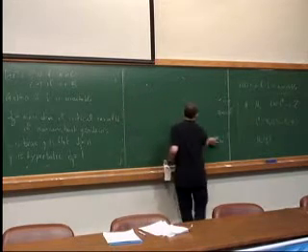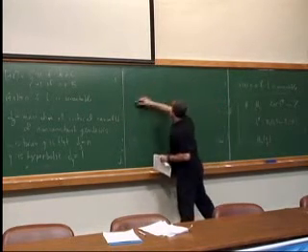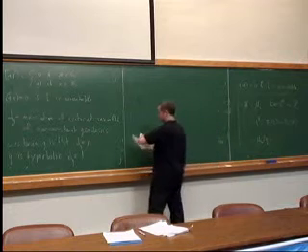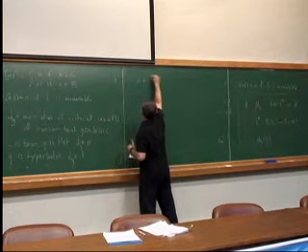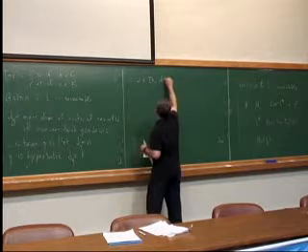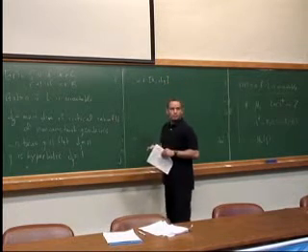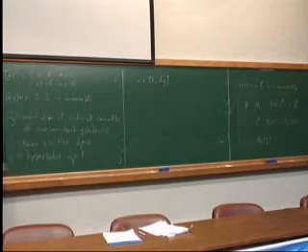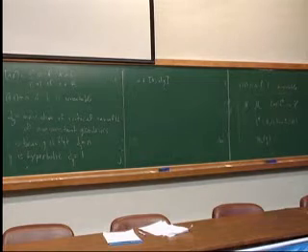So the number D, which appears in this formula, is between 0 and d_g. That's what we can say about it.